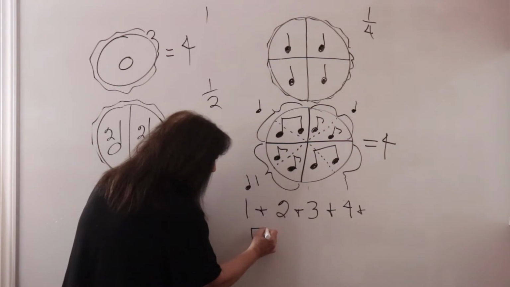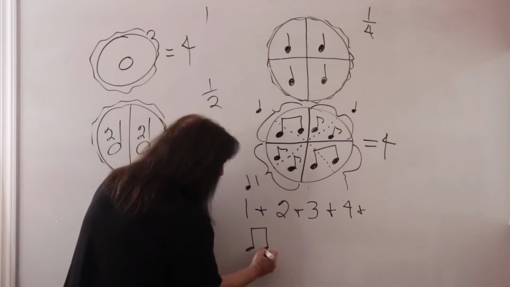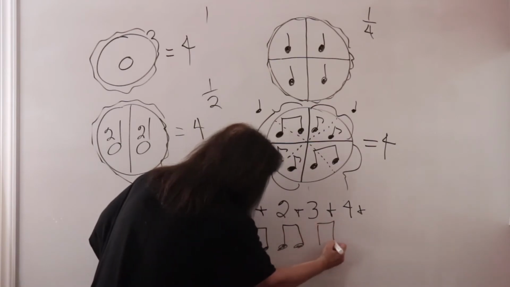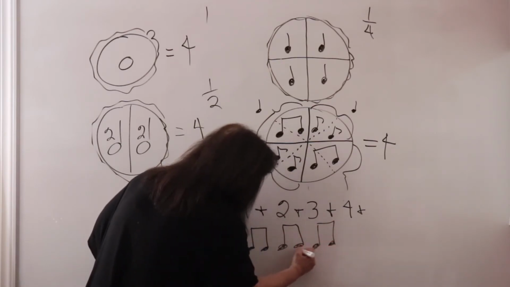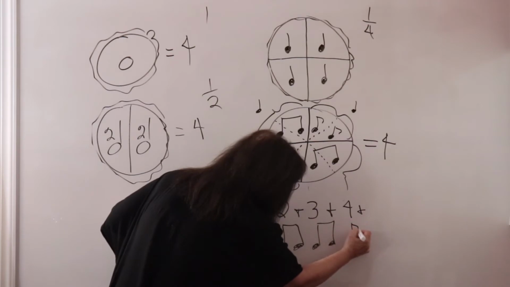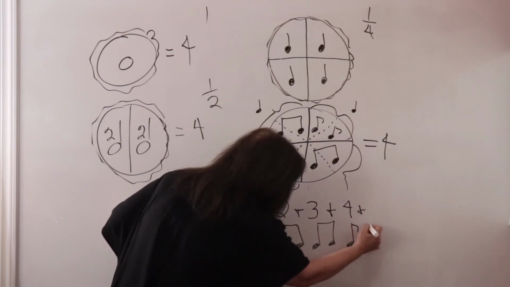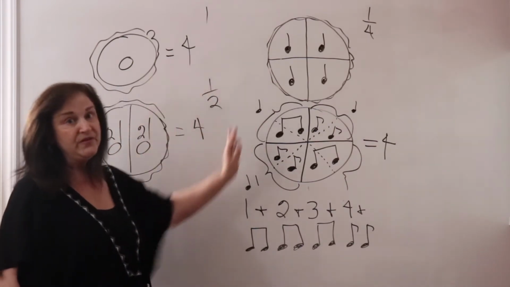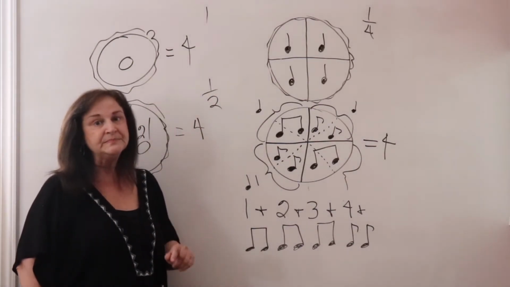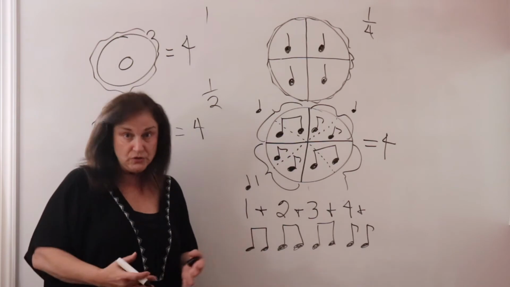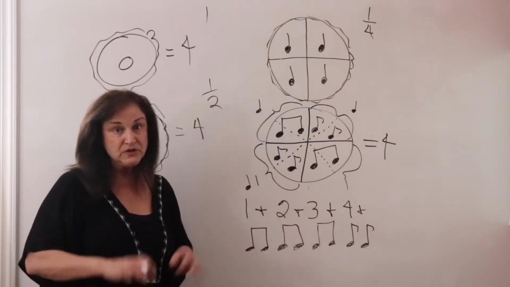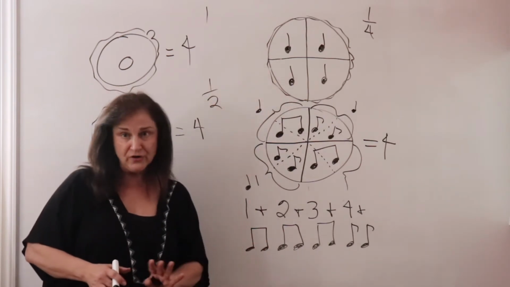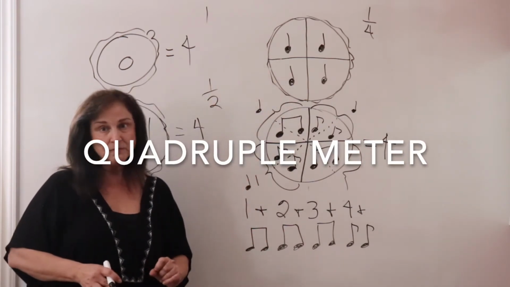And basically it looks like this. 1 and 2 and 3 and, if we separated them with the flags, 4 and. Now, this is quadruple meter, oftentimes used in music. The most general, basic, most used meter, quadruple meter.